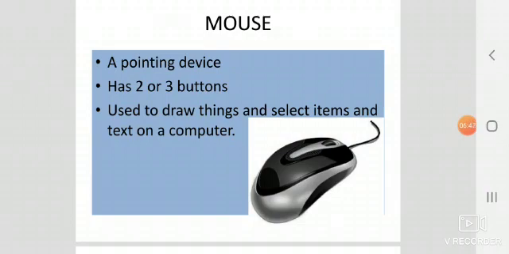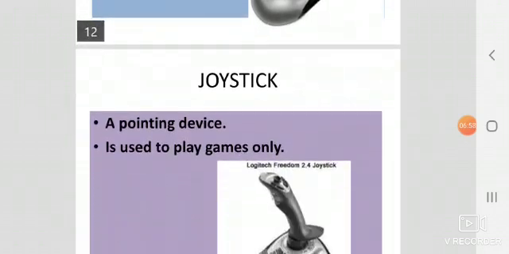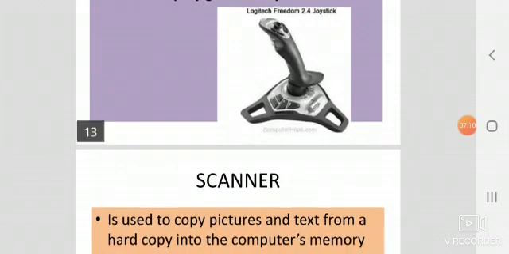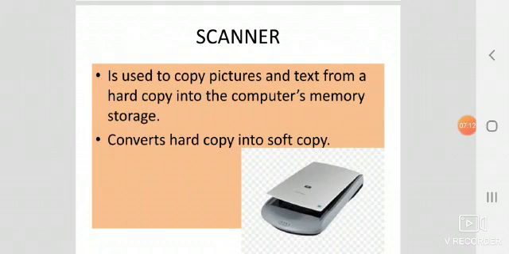This is a mouse. It is a pointing device. It has 2 or 3 buttons. It helps to draw and select the items. Joystick. It is also an input device. It is a pointing device and it is used to play only games. This is scanner.